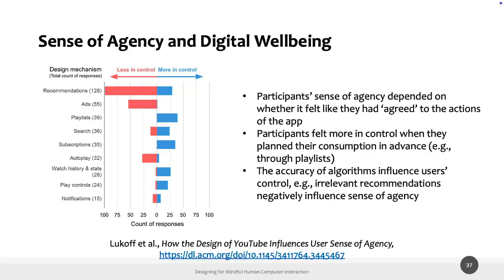Basically, sense of agency in this study depended on whether participants felt like they had agreed to the actions of the app. For example, participants felt more in control when they planned their sessions, like with playlists. Another finding was that the accuracy of the algorithms also influences sense of agency. For example, recommendations that are irrelevant to the user clearly have a negative influence on sense of agency.